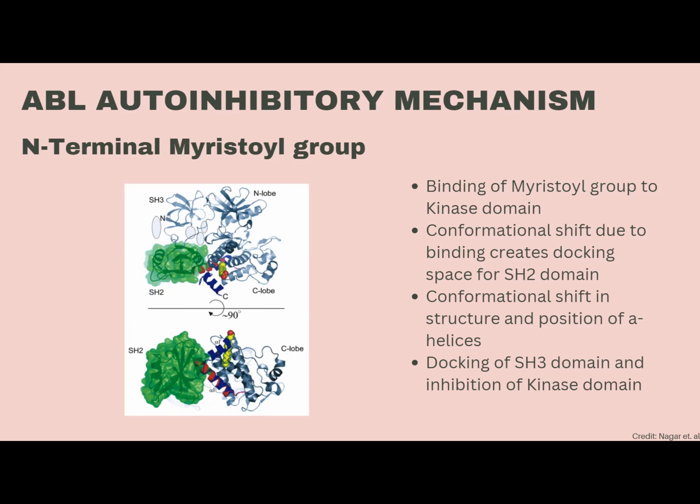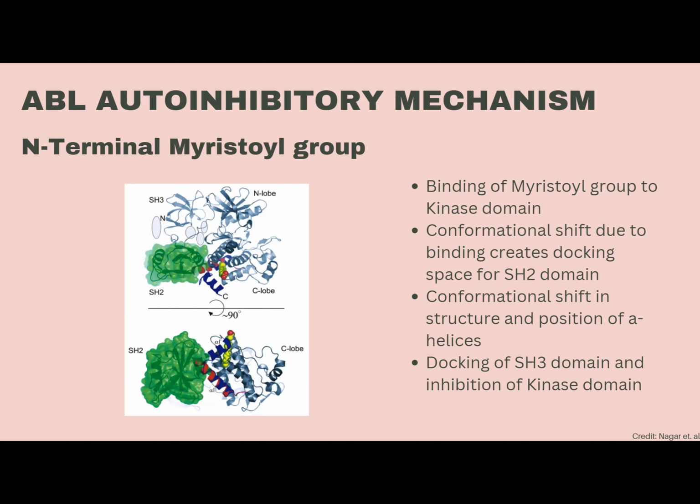Alrighty. So, ABL, as we just talked about, performs some very, very important functionalities in essential pathways. Evolutionarily, it has developed its own auto-inhibitory mechanism. ABL has an N-terminal myristoyl group binding site that causes a couple different conformational changes. Once it is bound to the N-terminal cap domain, the cap domain will cause a conformational shift, which will cause the cap domain to bind to the kinase domain.